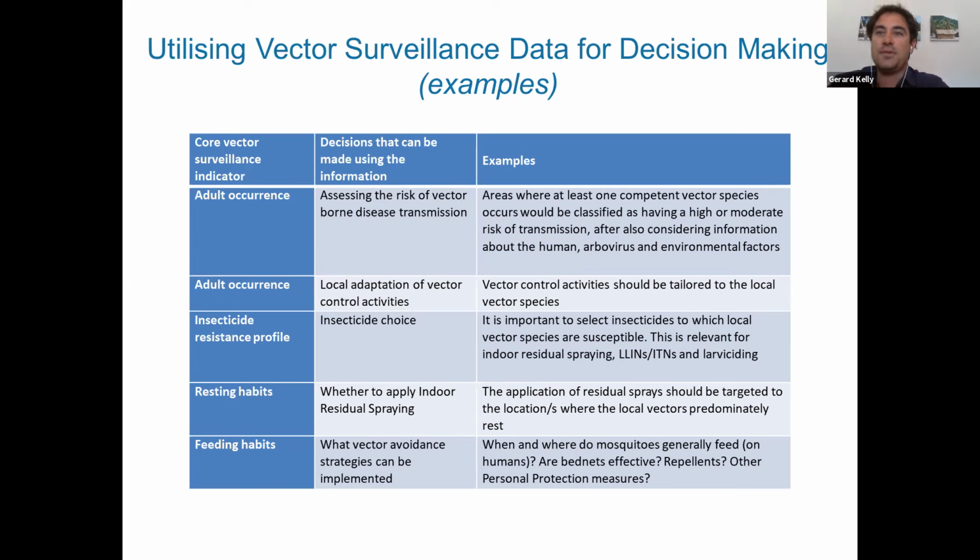It's just one example of how we could easily change our policies, change our way of thinking, by effectively utilizing some relatively easy information to capture, and certainly easy information to report on, to make some positive and impactful programmatic change.